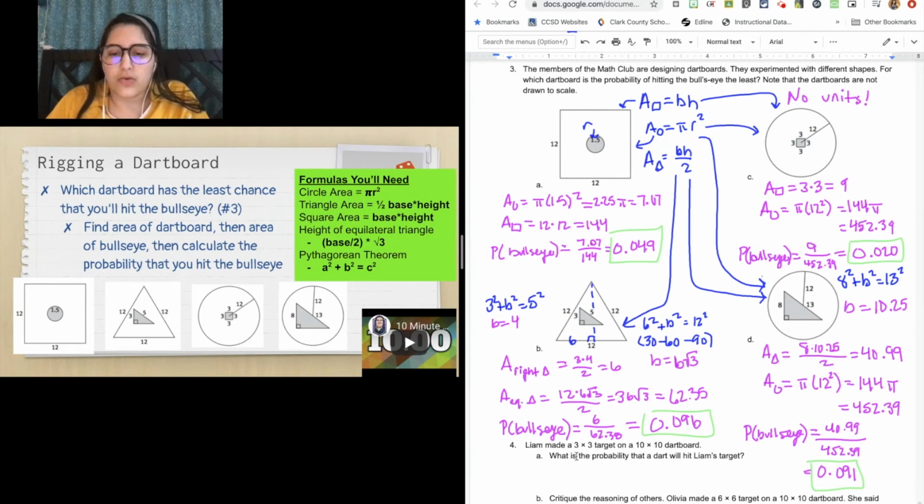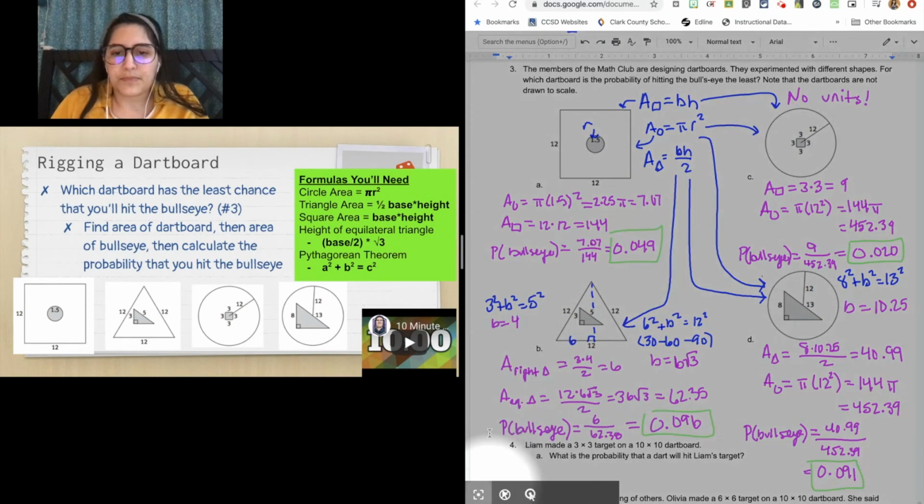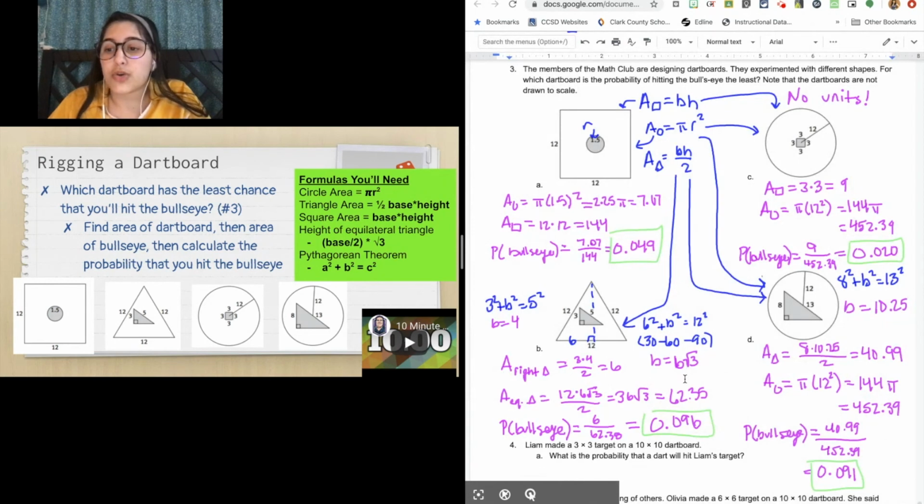So I used the Pythagorean theorem, which I set up for you here and here. I didn't show you the whole thing of how I worked it out. I'm hoping that you know how to do the Pythagorean theorem by now. So I used Pythagorean theorem to find any values that I was missing to figure out what the areas were.